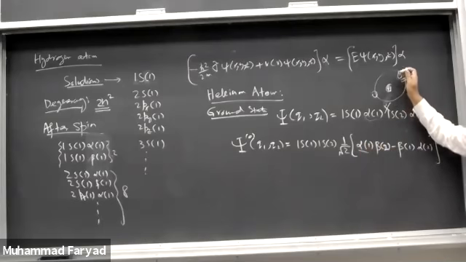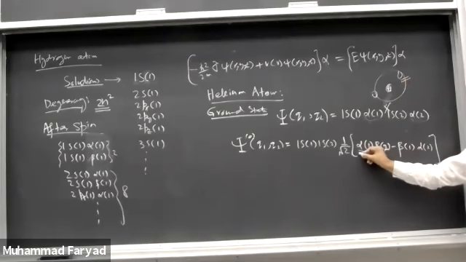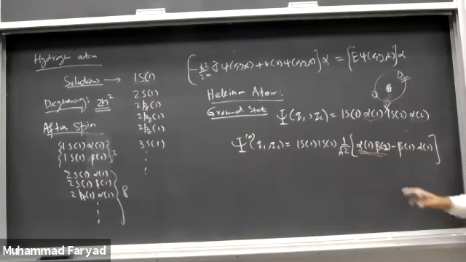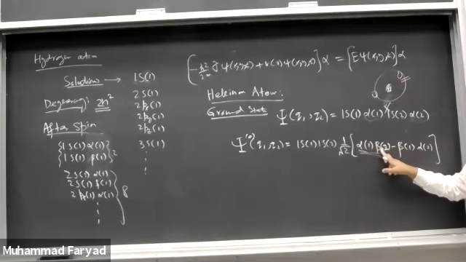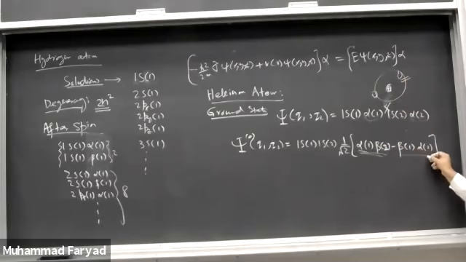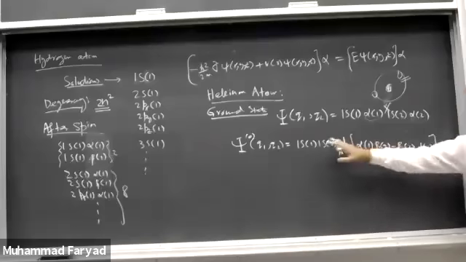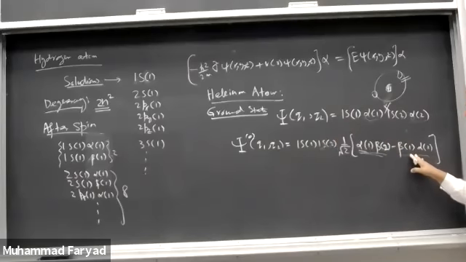So if its spin was plus half, it means you have collapsed to this part of the wave function, and it means the other electron has a spin minus half. And if you found its spin was minus half, it means you have collapsed to this part of the wave function, because this wave function, you see, is a superposition of 2 terms. So this product with this and this product with this.